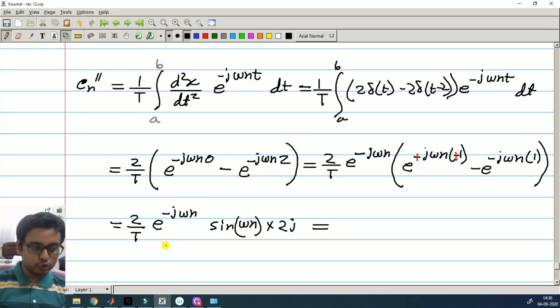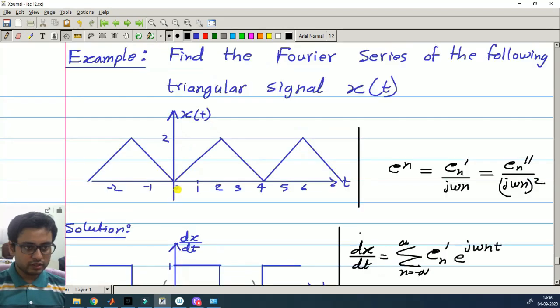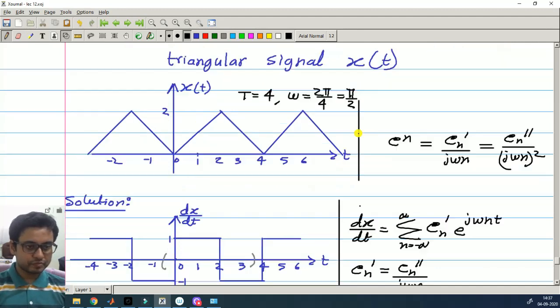Now let us put the values of T and omega. So here you can see the time period is 4. T is equal to 4 and omega will be 2 pi by 4, that is pi by 2.